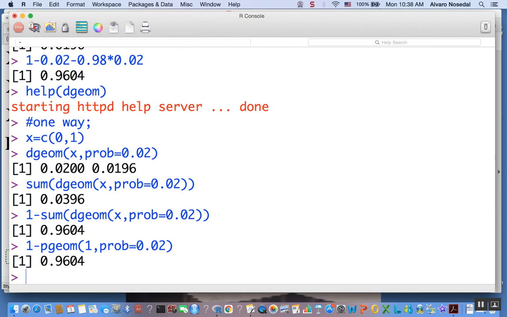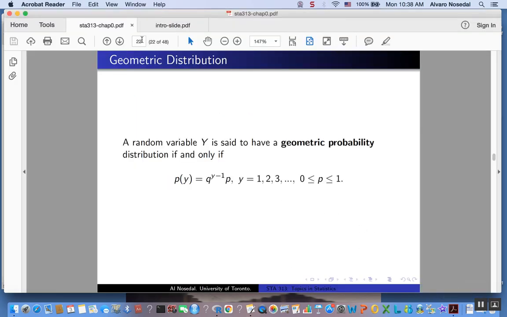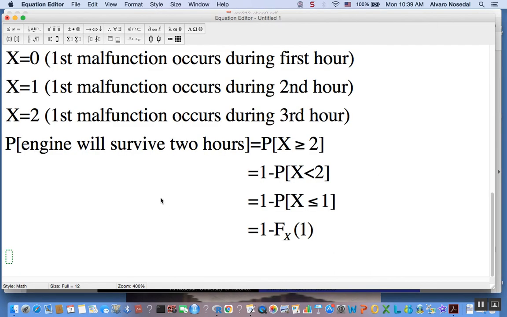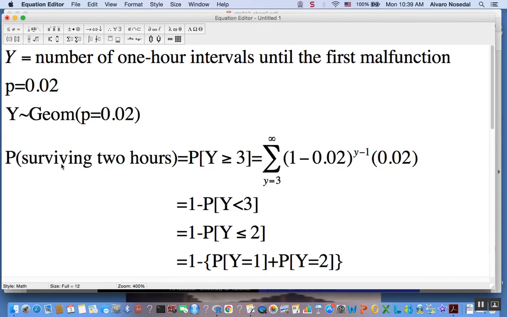Let's summarize what we did in this video. We had this probability problem, and we realized that we could set it up as a problem that involves a geometric random variable. First, we solved the problem by hand.